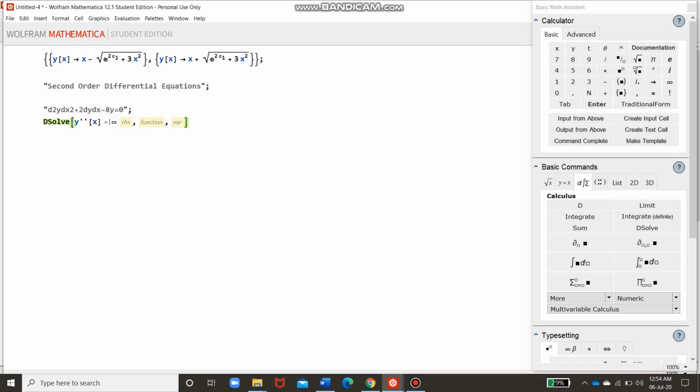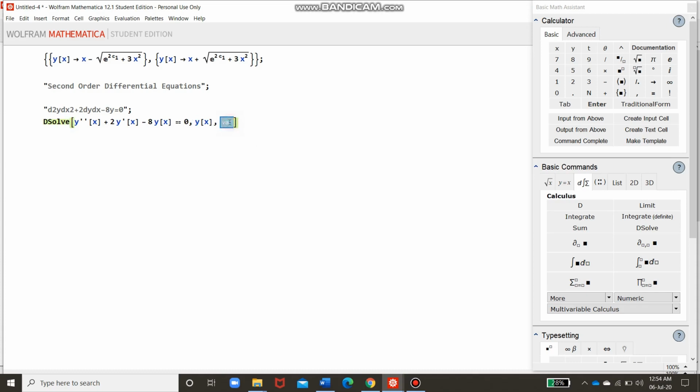So y double dash x plus 2 y dash x minus, so for y, you write 8 into y of x. So all the y is dependent on x. And then your RHS is 0. Your function, the answer you want, is y of x.